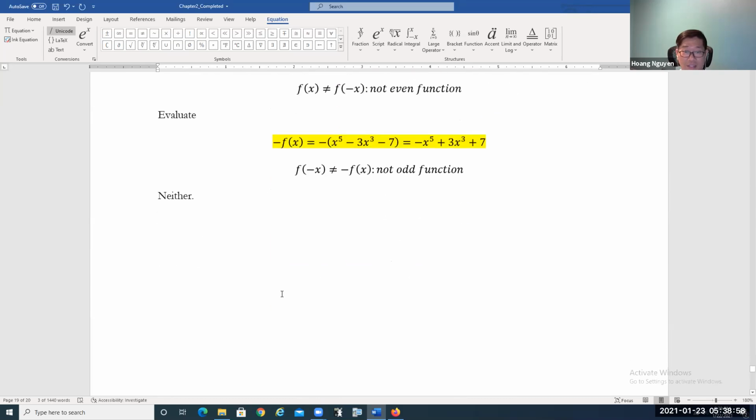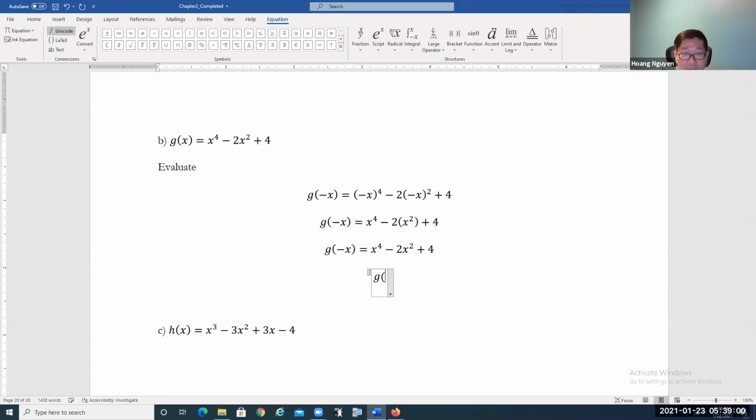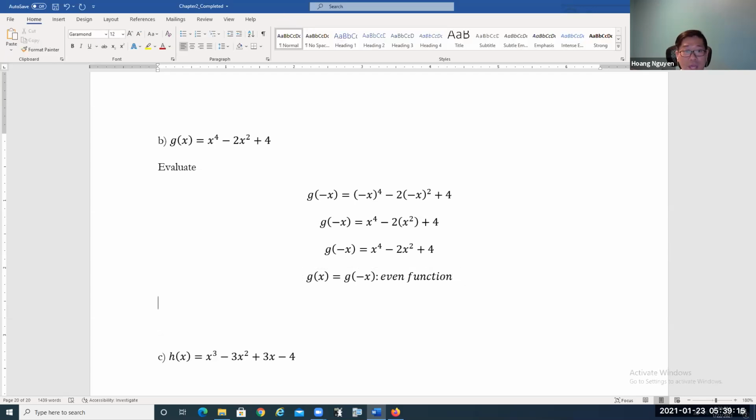So we can see that g of x equal g of negative x. Okay. So because we just showed that g of x equal g of negative x, we can say this is an even function. So this function is even already, right?